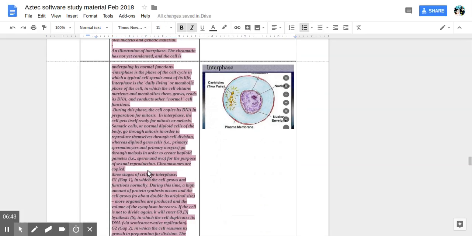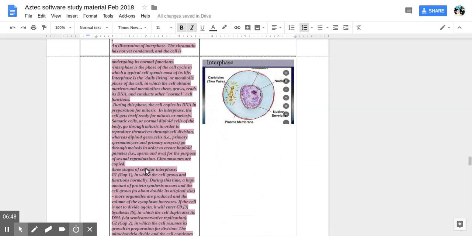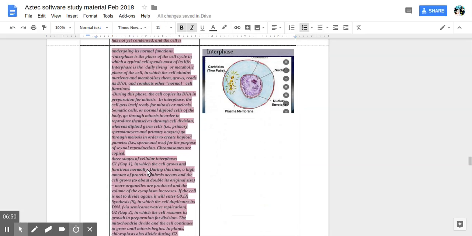In interphase, this is when the cell undergoes its regular normal functions. Interphase is where the typical cell spends most, or 90%, of its lifespan. The daily metabolic phase of the cell. It obtains nutrients, metabolizes nutrients, grows.